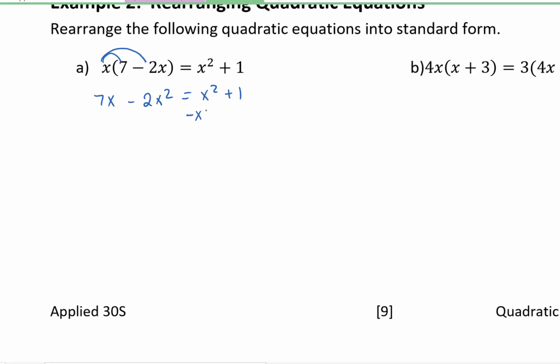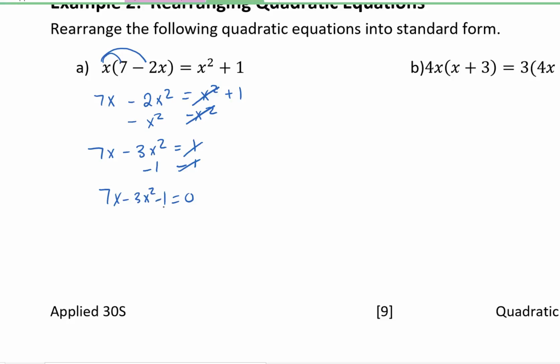So subtract the x squared and combine it with my other x squared stuff, creating a 0 pair. So I've got 7x minus 3x squared is equal to 1. I want that 1 gone, so create a 0 pair by subtracting 1. I have nothing to combine with, which is fine. I'm left with 0 on this side, and I've got 7x minus 3x squared minus 1.